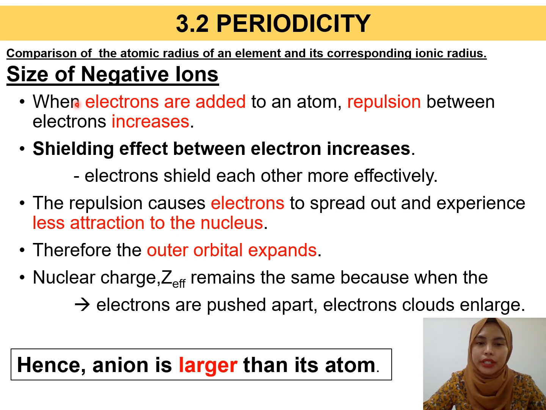Zeff does not play a role in negative ions. Okay, for positive ions, Zeff plays a role. For negative ions, as I told you, if the size is small, it is because Zeff plays a role. Size is large because of the shielding effect. Okay, because of the shielding effect, attraction decreases, so that's why the outer orbital expands. Therefore an ion is larger than its atom.